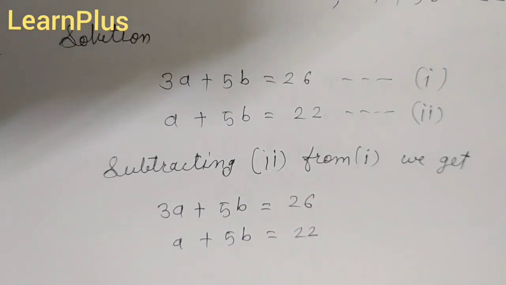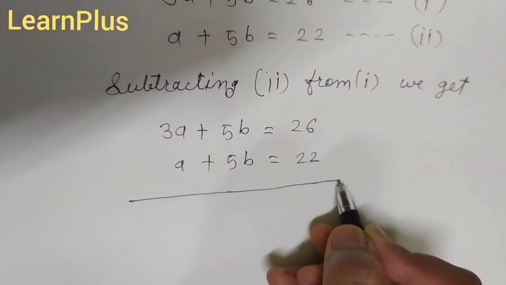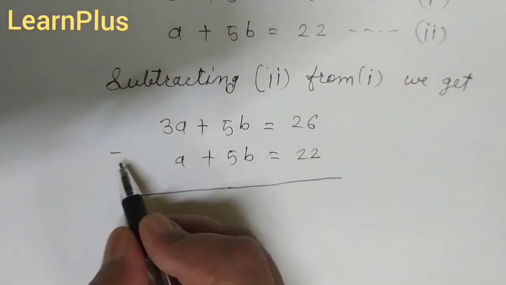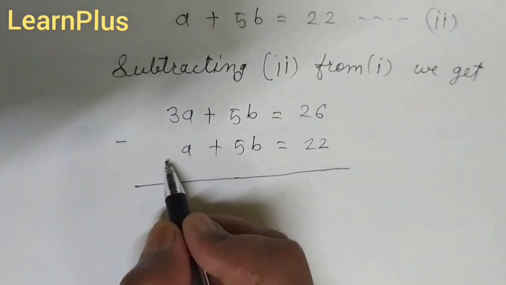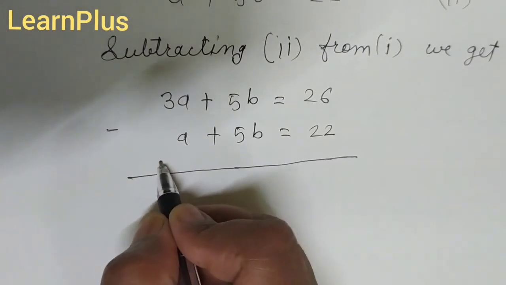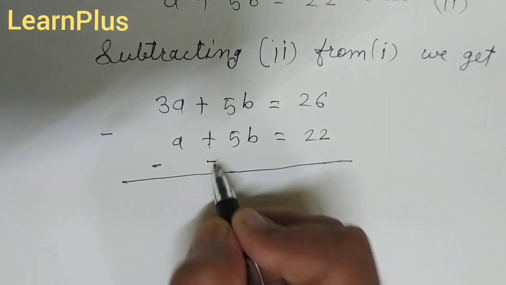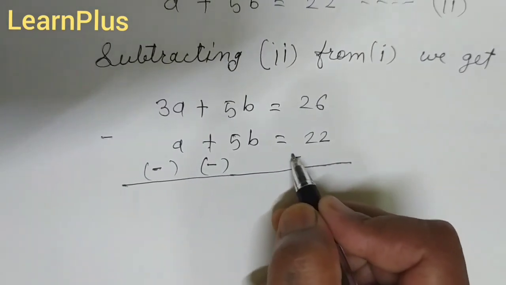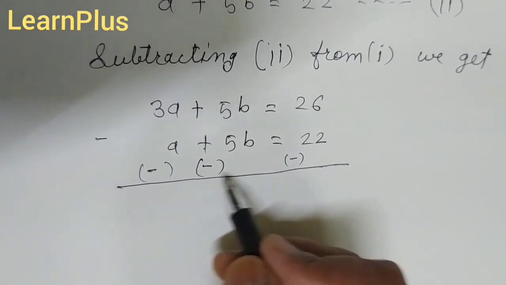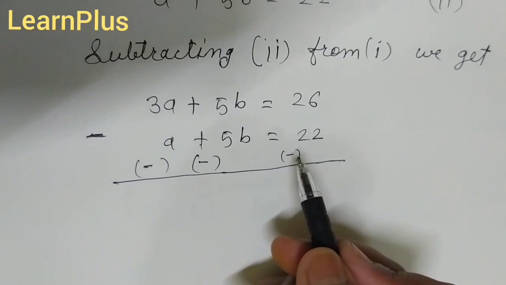Okay. Now subtraction rule you know, you know how to subtract. Here minus will come. When minus sign is there then sign will change. Means here a having which sign? Plus, means it becomes minus. Here plus means here also it will come minus, and here plus sign means here also it will come minus. Here the sign changes because here there is minus, so always change the sign of the second equation.